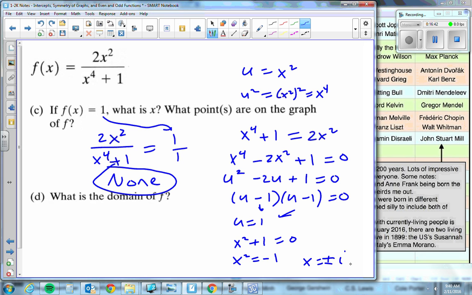Did I mess up? Right. Oh, I should have said x squared equals 1. Sorry, I felt like something was going awry there. All right.